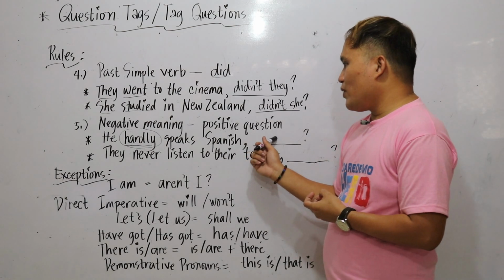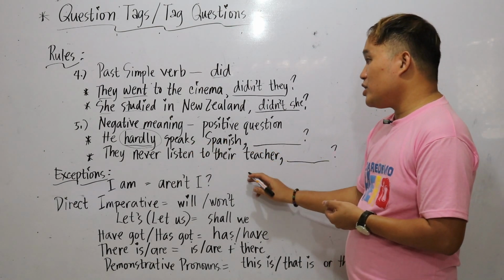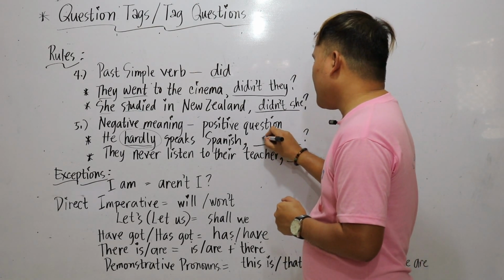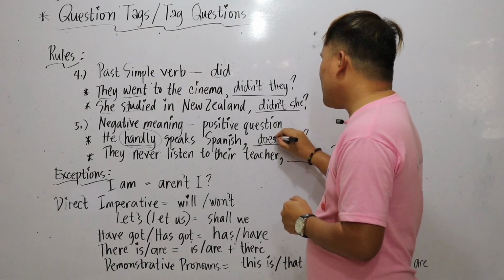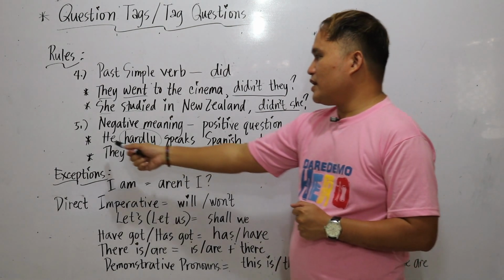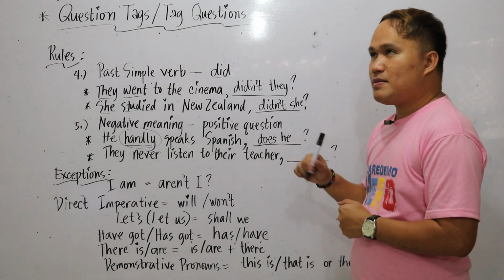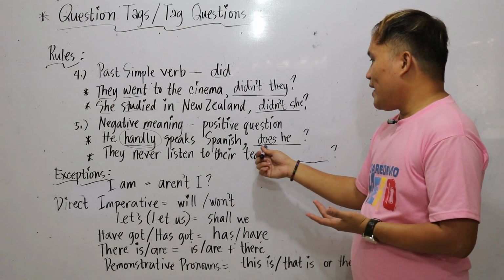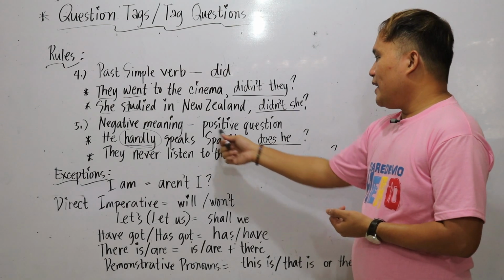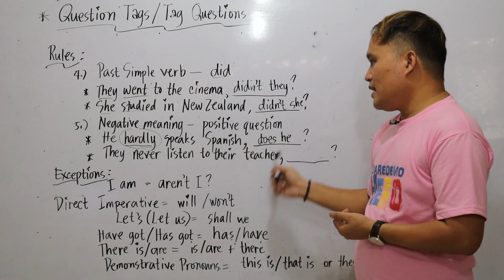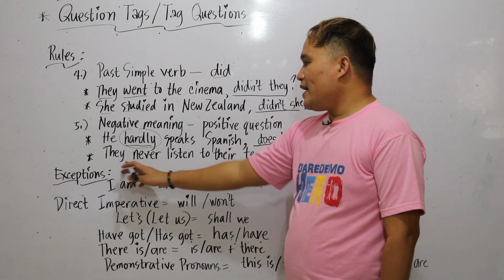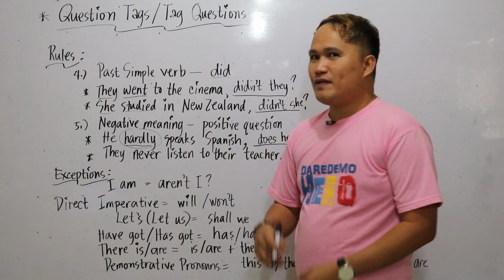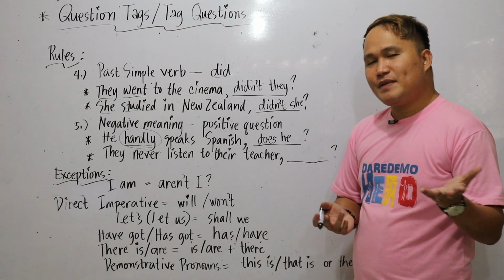What should be our tag question here? He hardly speaks Spanish, does he? Very good. Why do we use does? Because our subject is singular, so our verb should be in the singular form, and it's in a positive question. Let's have another example: They never listen to their teacher. Does it connote positive meaning or negative?